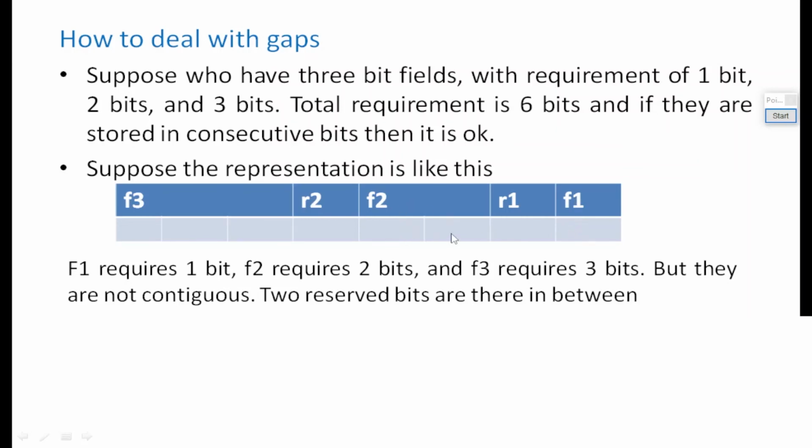F2 is another field which requires 2 bits. F3 requires 3 bits. But they are not contiguous. In between there are 2 reserved bits.